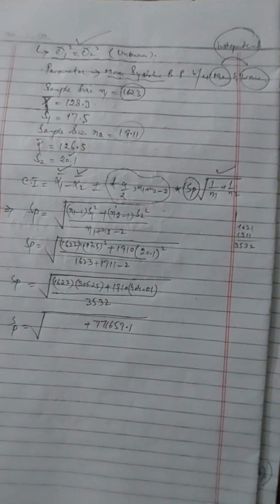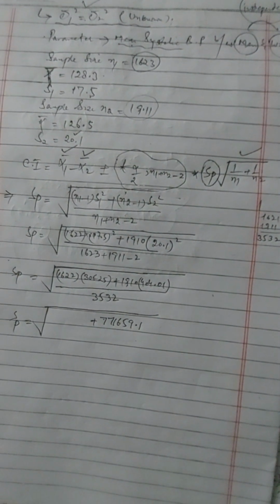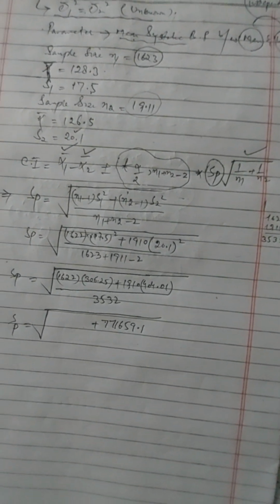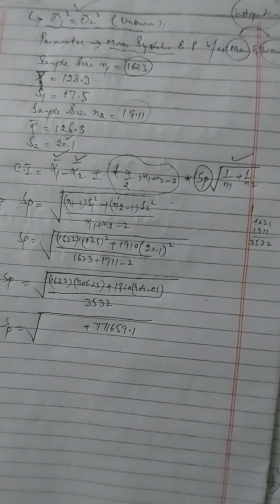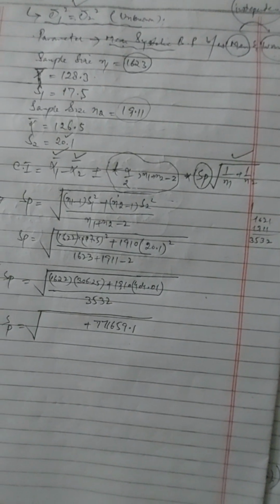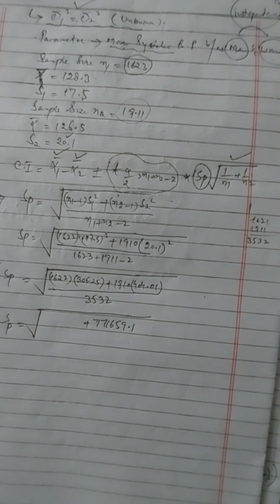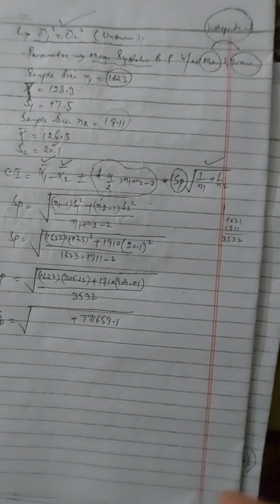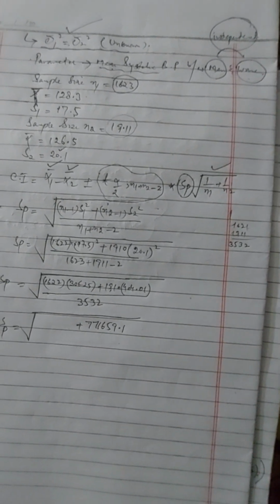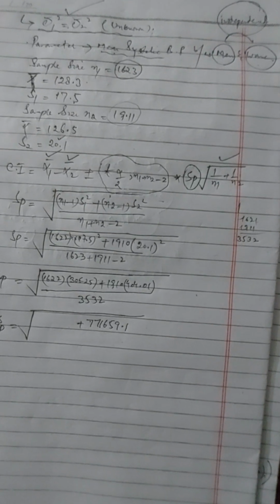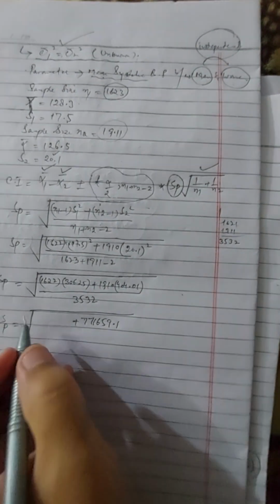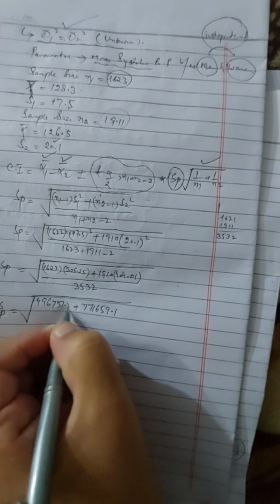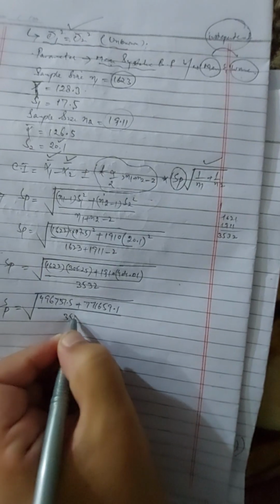And the other one, 1622 multiplied by 306.25, gives us 496,737.5, divided by 3532.